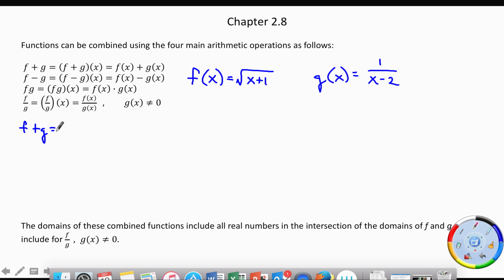And I want to find f plus g. Just means take the function f and add the function g.